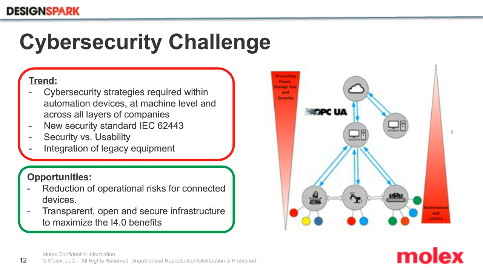So we see these different changes and trends. We see through these changes a true opportunity to interconnect the automation infrastructure and equipment together with distributed control, autonomous modules of machines, and with real-time, reliable, and secure transversal communication.